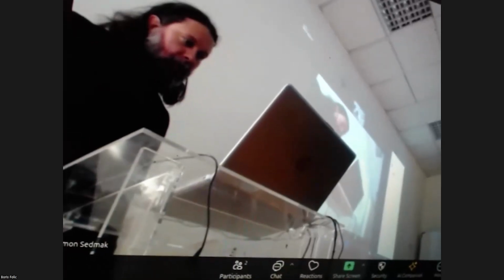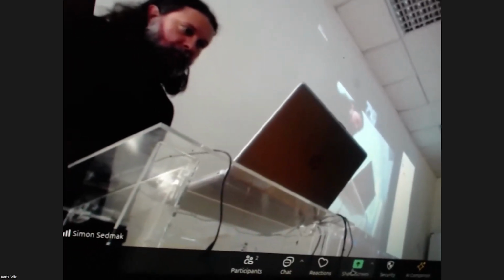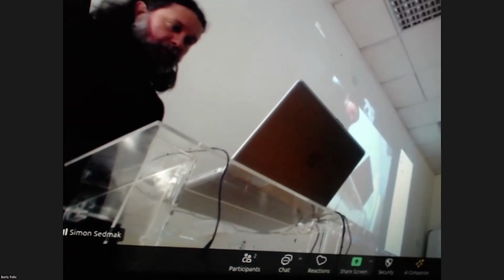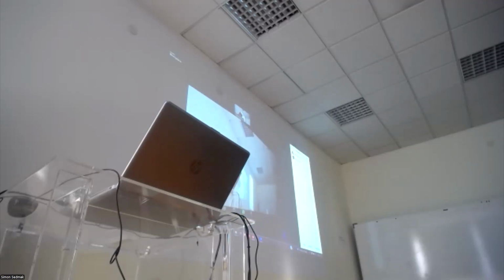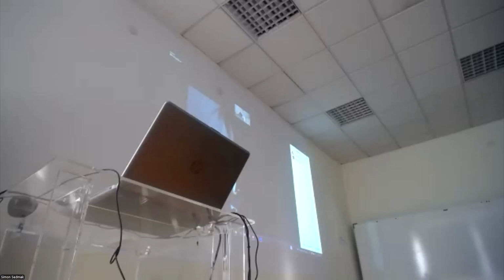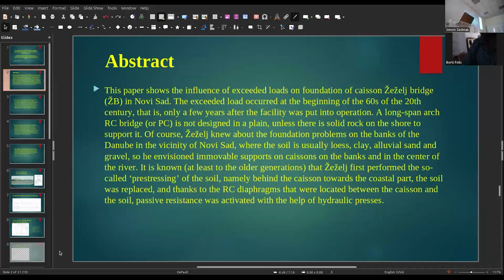Share screen, that green icon down on your computer's desktop, and just choose the screen on which you will share the presentation. Yes, I know. That is right. Is it okay? Yes. Thank you.